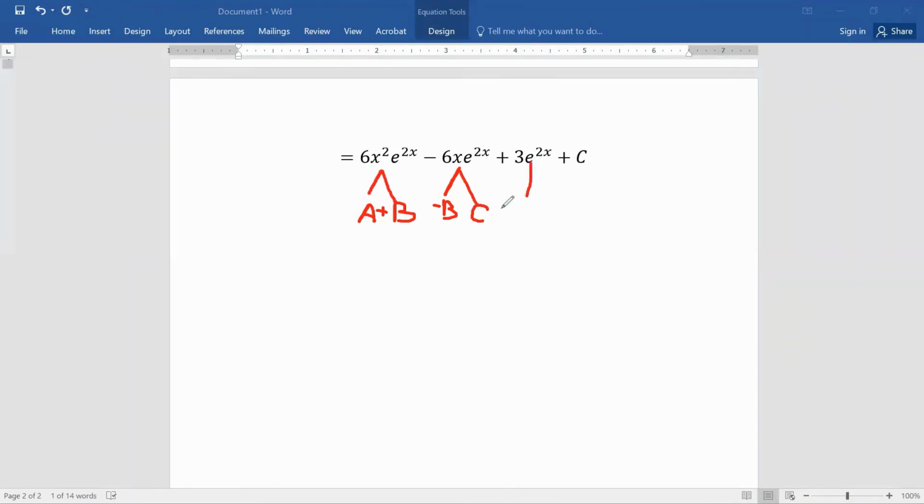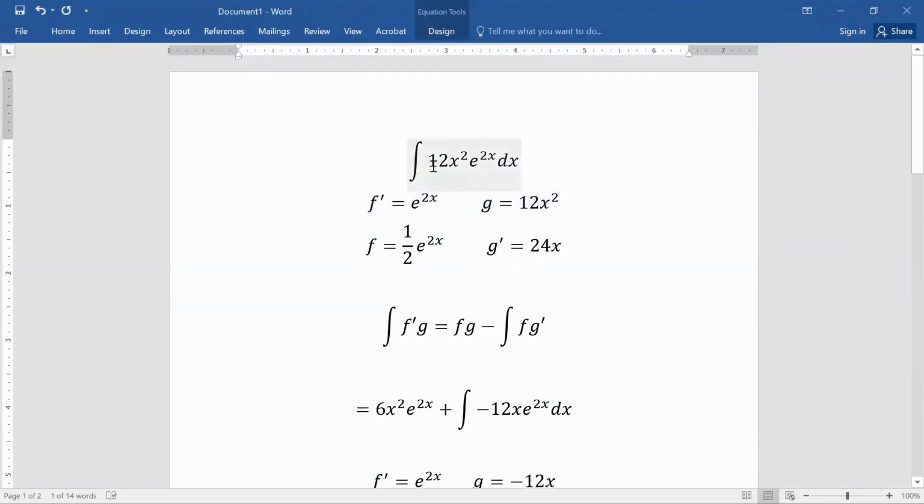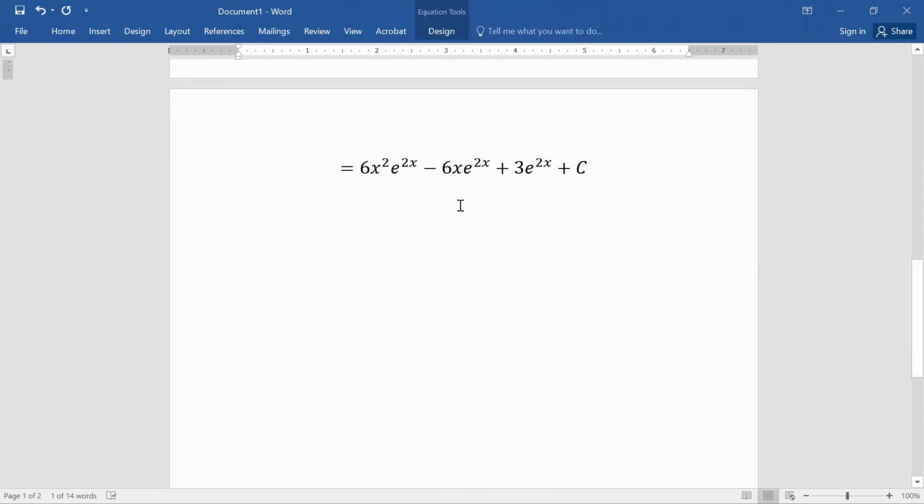And from this third component, maybe I should write D instead of C because I use C for constant, this third part is going to be a negative of this. So you're going to get 5 terms, and 2 pairs cancel, and I'll be left with a single term. That single term happens to be what we were looking for at the very beginning, 12x squared e to the 2x. There we go.